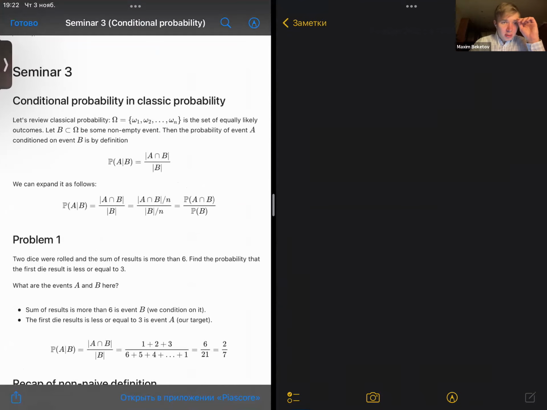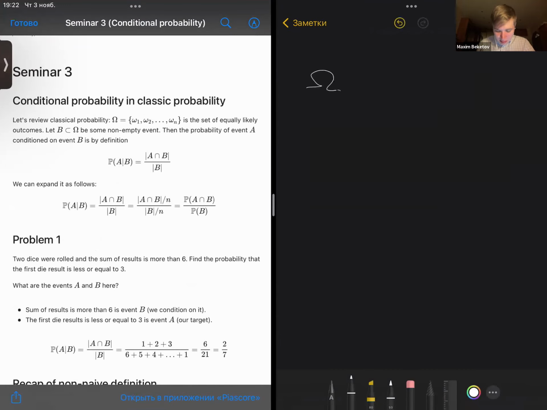So we talked about how we define probability. Classically, we have the sample space, omega. It is a set of all elementary events. An elementary event is an event that you cannot find smaller events in, in a sense. So it's the smallest event you can think of.